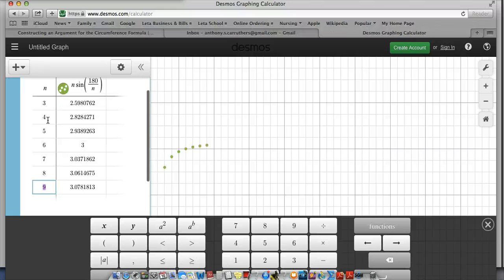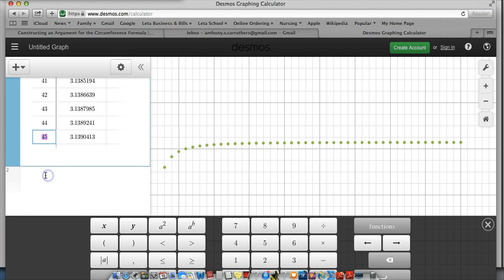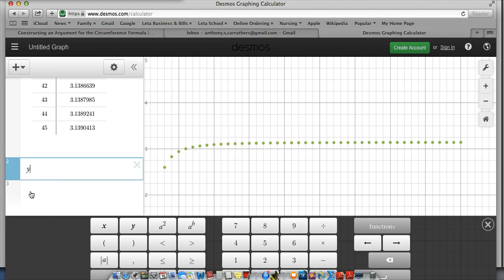So if I just keep pressing enter like that, it'll basically fill in the series for me. So again, I'm going to go up to maybe 45 or so. Definitely enough to see that it's approaching some value. Okay, and then I want to graph the function y equals pi. So I'll just type the letters pi, and Desmos understands that as pi.